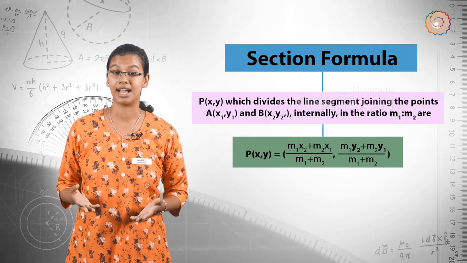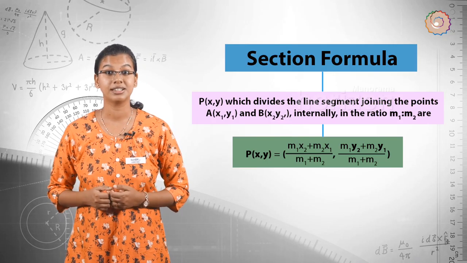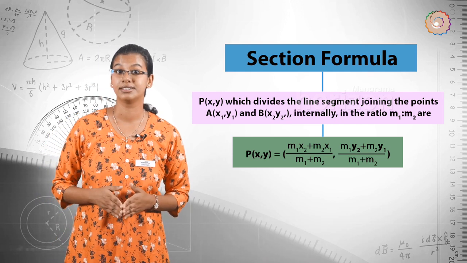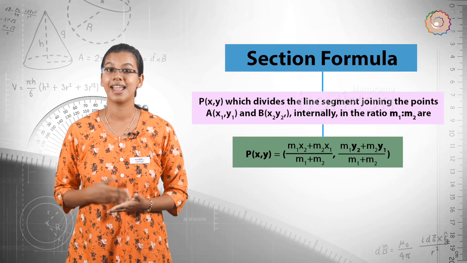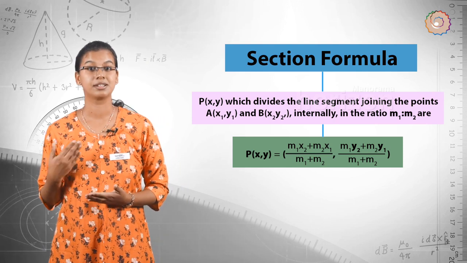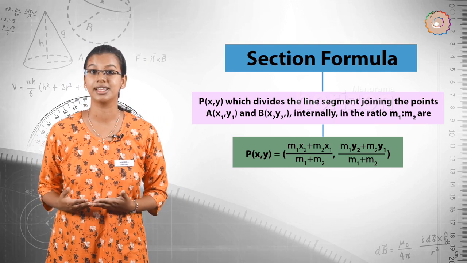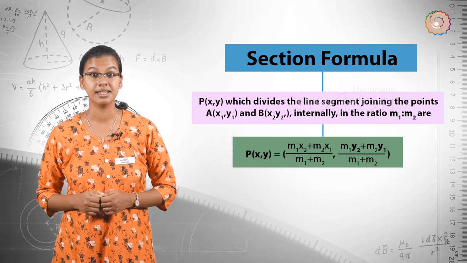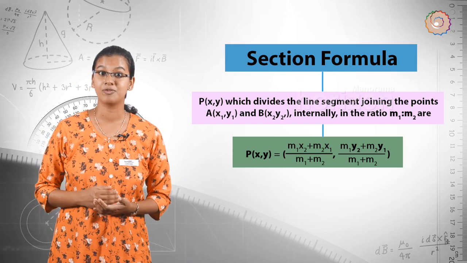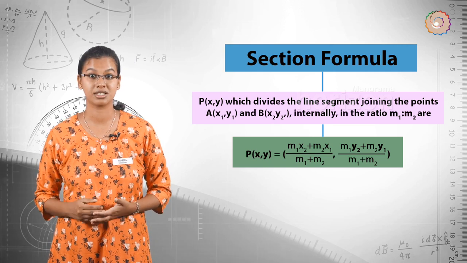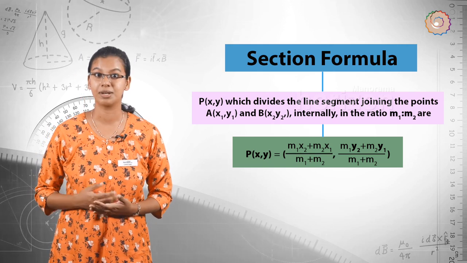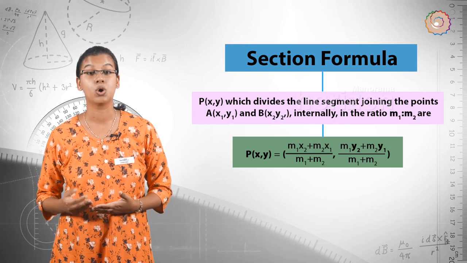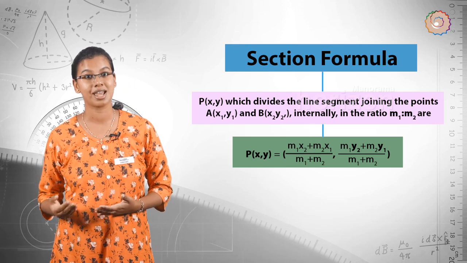So, we can conclude that the section formula is used to find the coordinates of the point P(x, y), which divides the line segment joining the points A (x1, y1) and B (x2, y2) internally in the ratio m1 is to m2, and it is P(x, y) equals ((m1 x2 plus m2 x1) divided by (m1 plus m2), (m1 y2 plus m2 y1) divided by (m1 plus m2)).